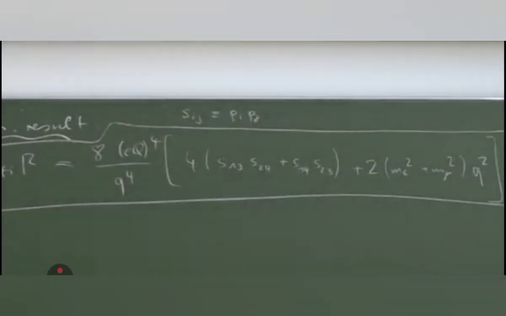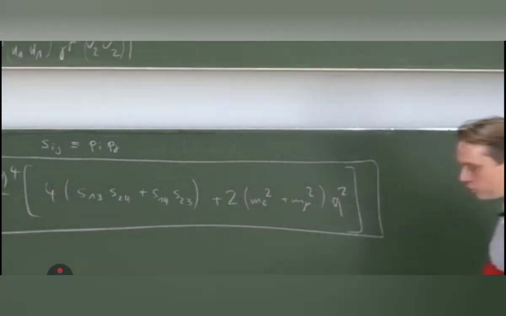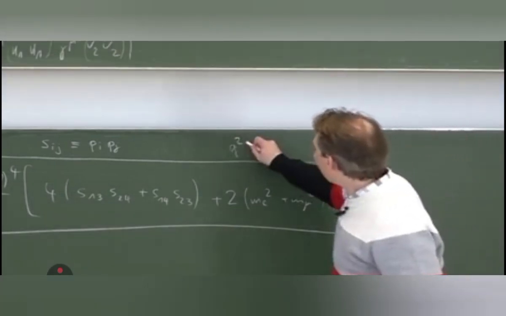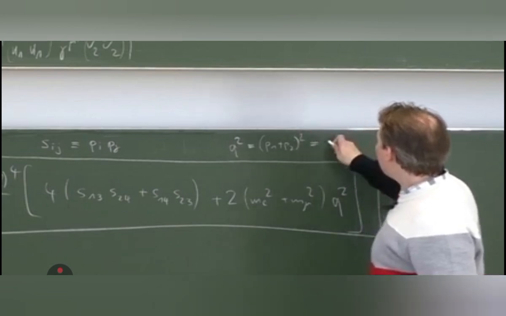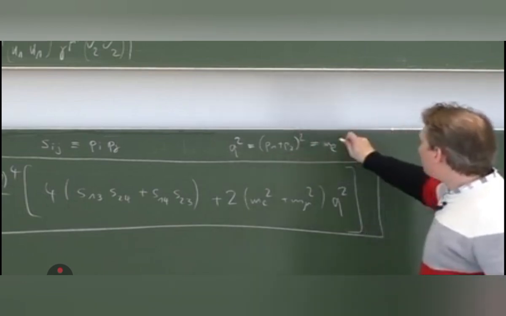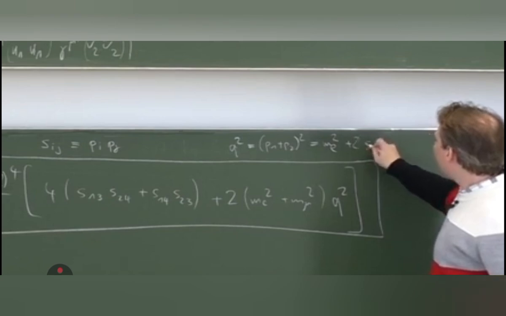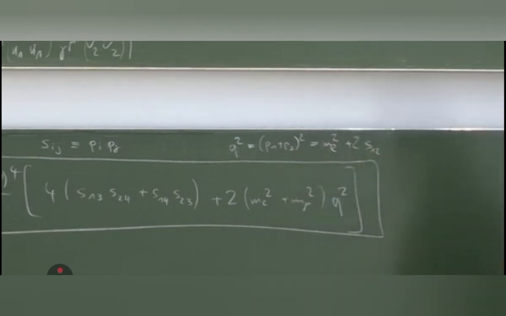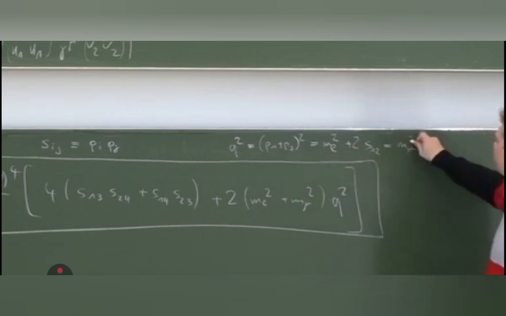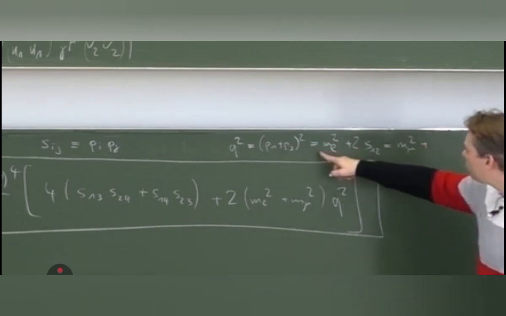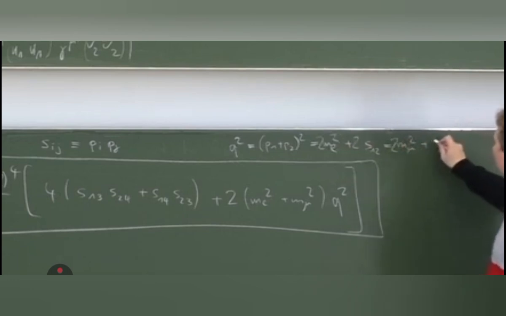Okay, so it's not particularly involved. Here, in order to see the Q square, you have to use a relationship. Let's say Q square is of course P1 plus P2 square. That is actually the electron mass square plus 2 times S12 in that notation. But it's also the same as P3 plus P4 square, so it's also equal to muon mass square plus 2 times S34.